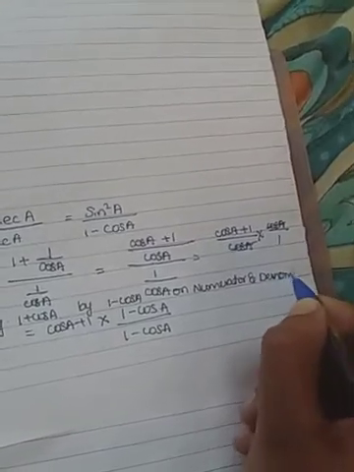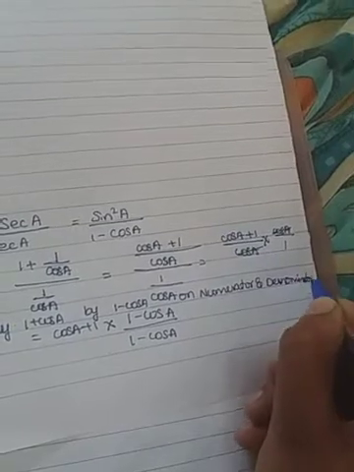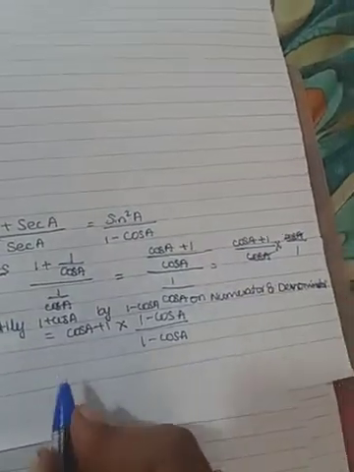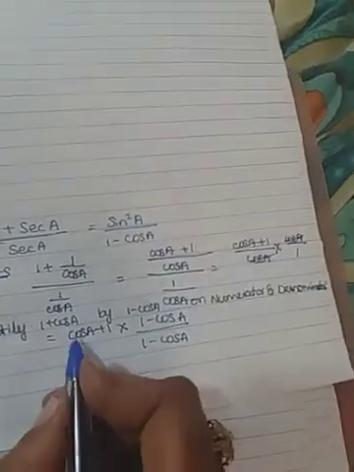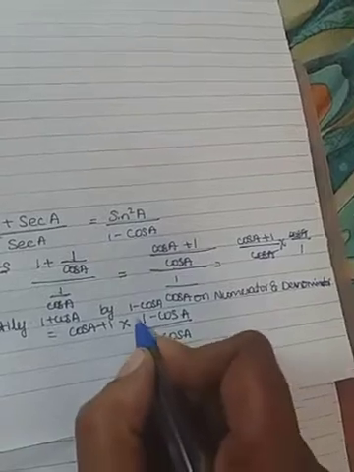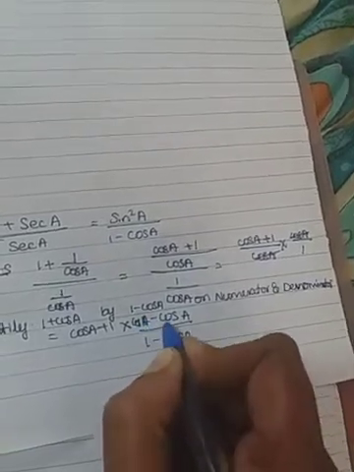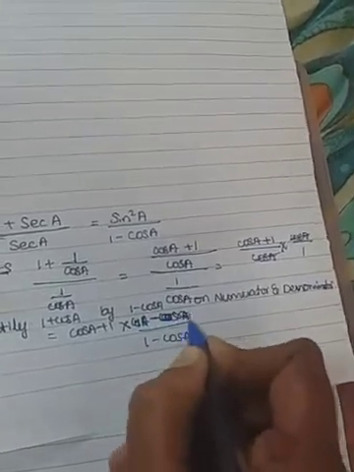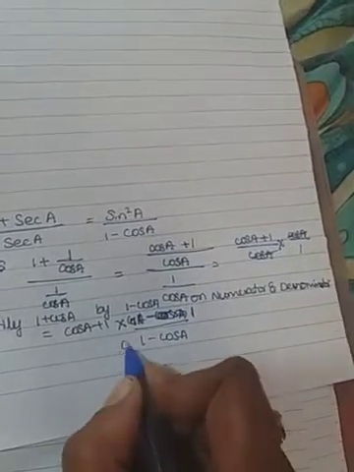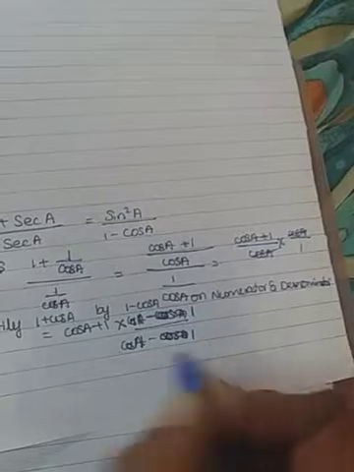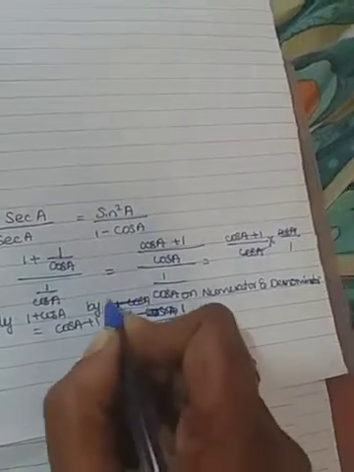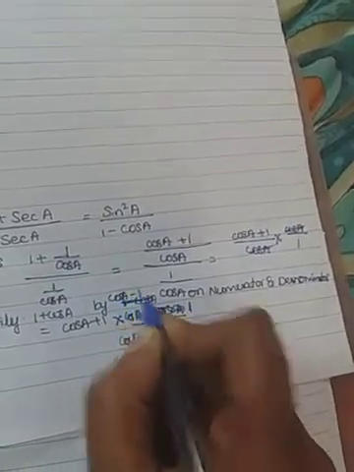The value never changed, so that's why we multiply. It is better to take cos a minus 1.